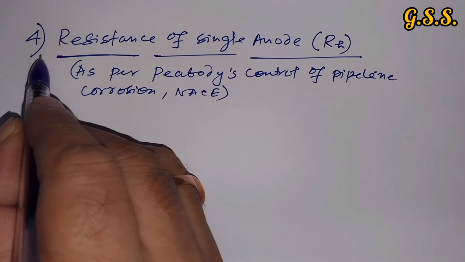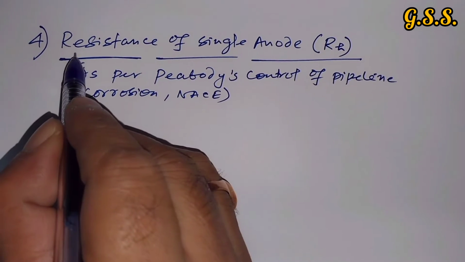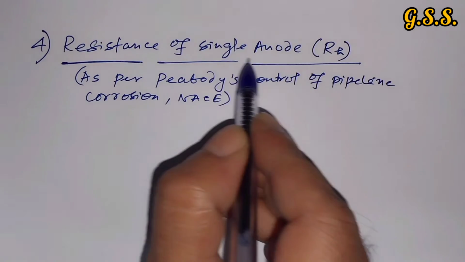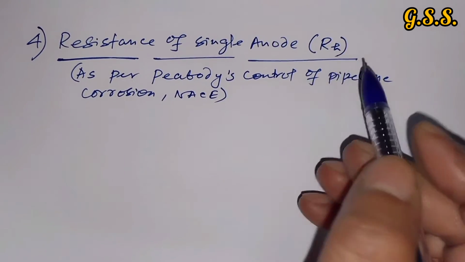Then fourth equation, we have to find out the resistance of a single anode RH.